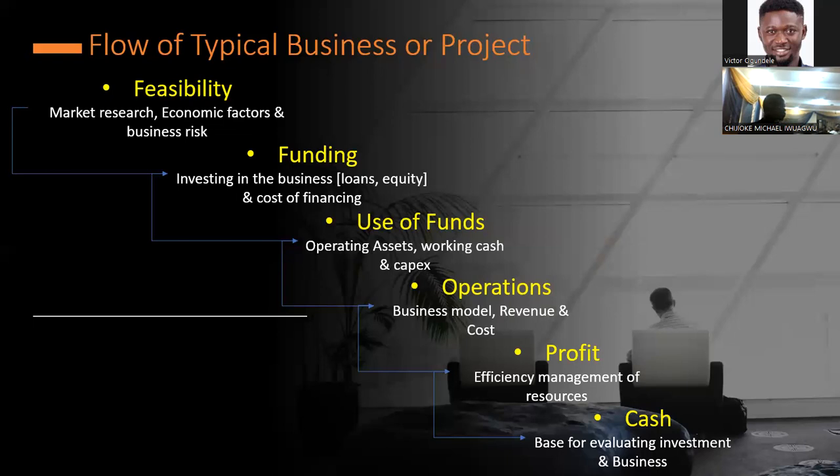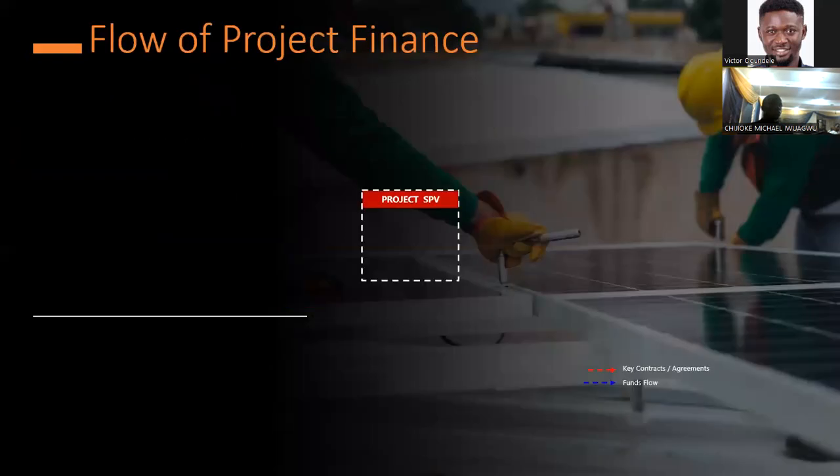But for project finance, it is a little bit dynamic. Now let's take a look at the structure of a typical project finance. We said the project is set up as a special project vehicle, standing on its own. And we said the project will generate cash. It is the cash generated from it that will be used to settle all obligations.